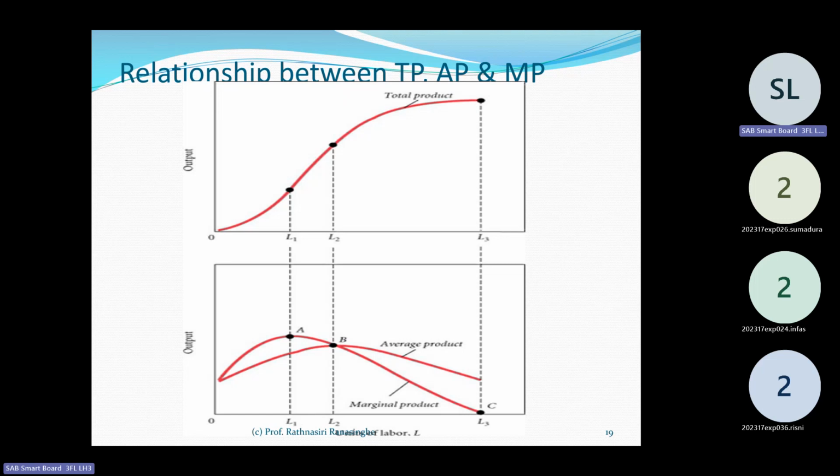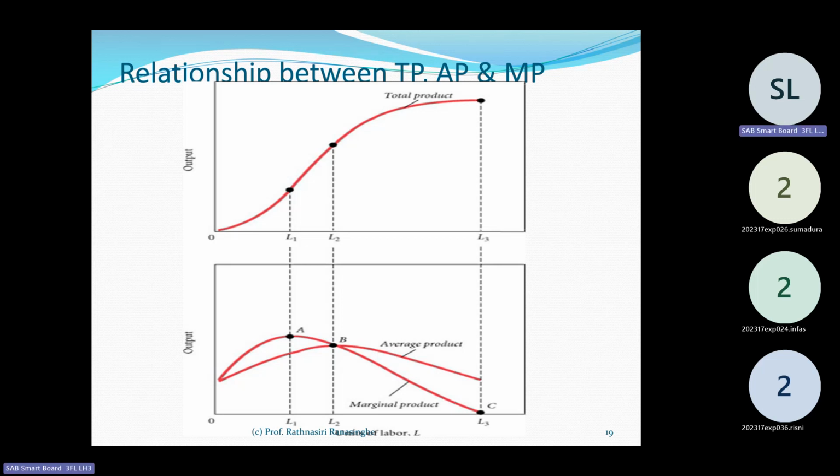Now the slope of this total product curve is explained by the marginal productivity, so this line explains the marginal product. Up to the L1 level, in the initial stage of labor inputs, keeping the fixed factors constant, when we incorporate labor, marginal productivity increases at a faster rate.